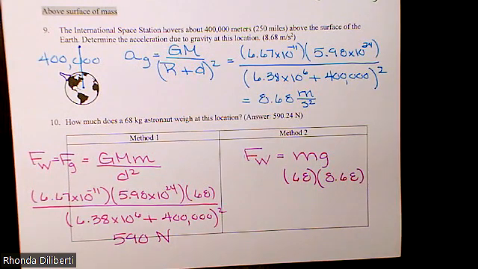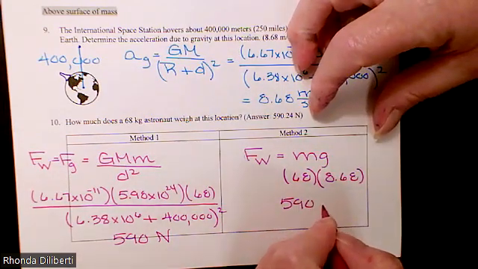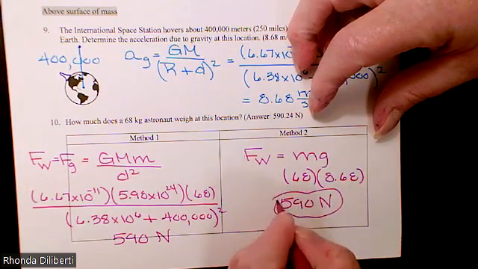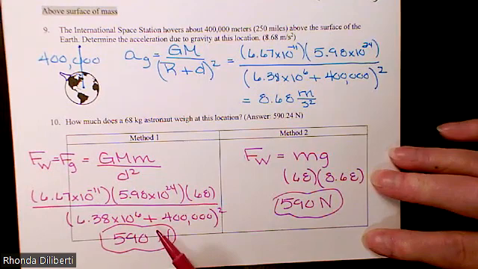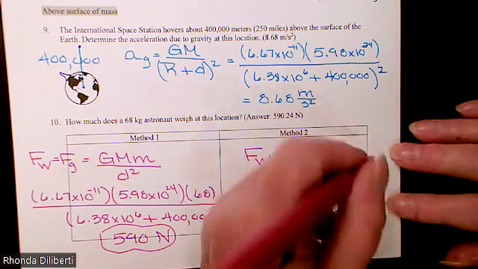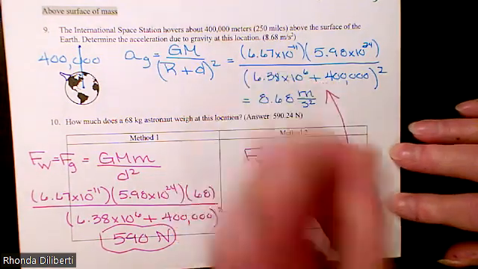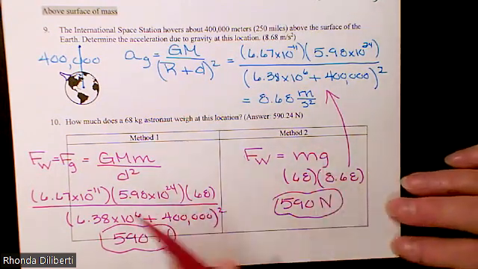And 68 times 8.68 is about 590 newtons also. You might say this way is a lot easier than the other way. But if you're not given the 8.68, you would have had to do all of that work to get the 8.68. So I think the work is the same either way.